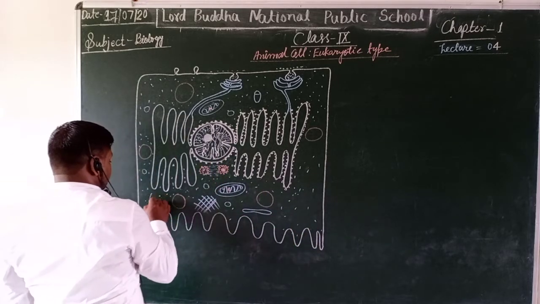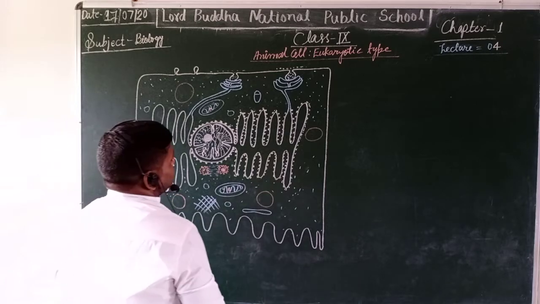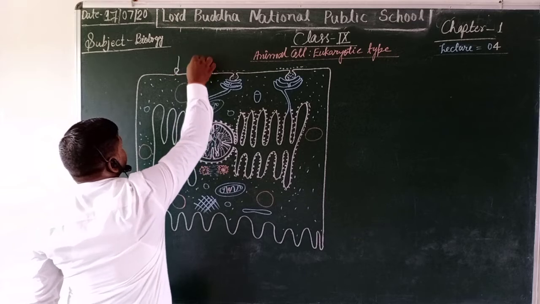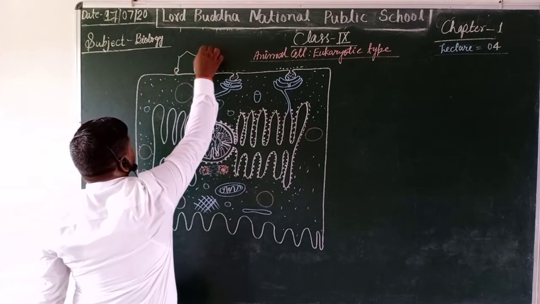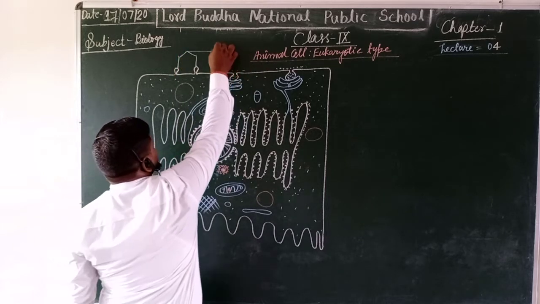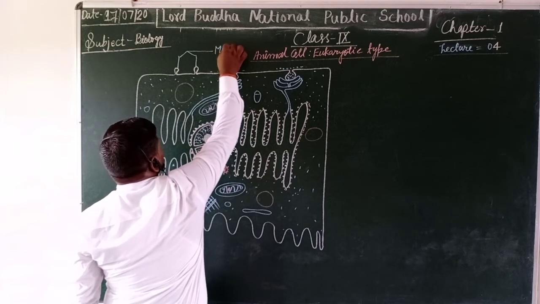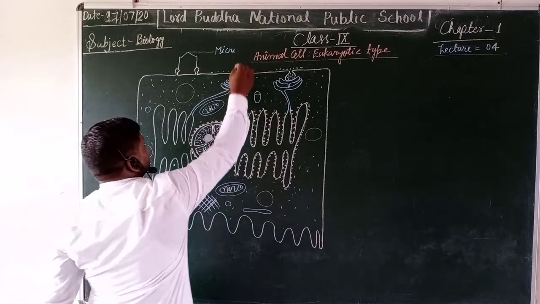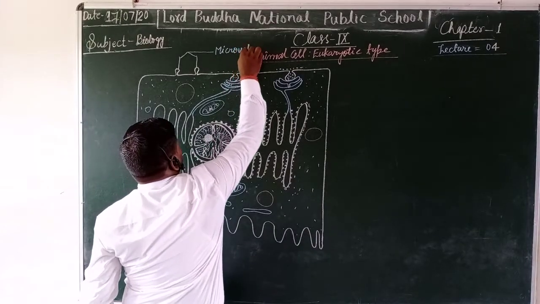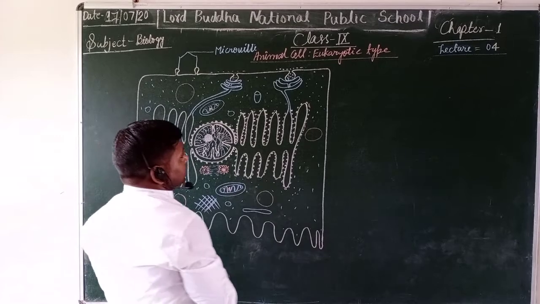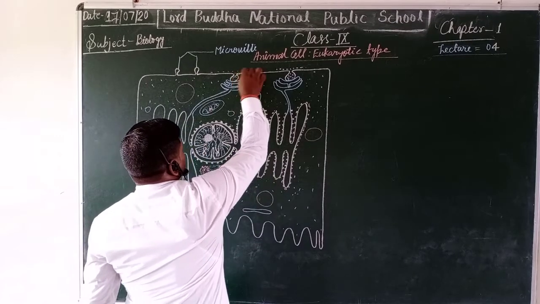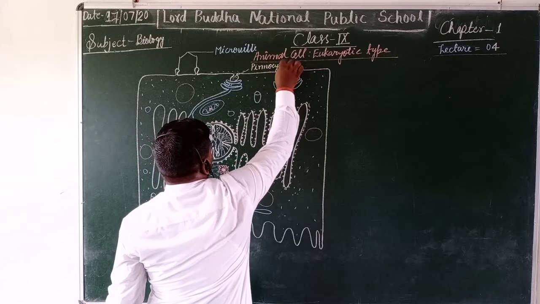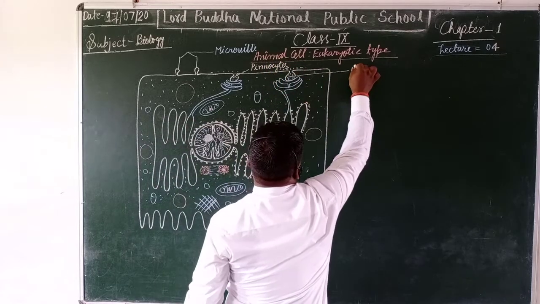Now let us relabel these diagrams. These are microvilli, which help in absorption of different kinds of substances. Pinocyte cells, phagocytes.